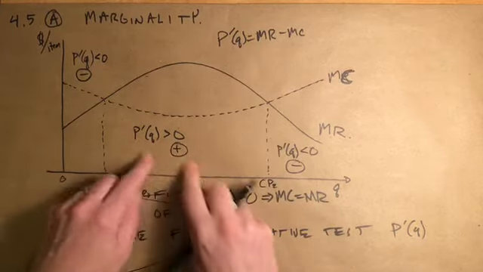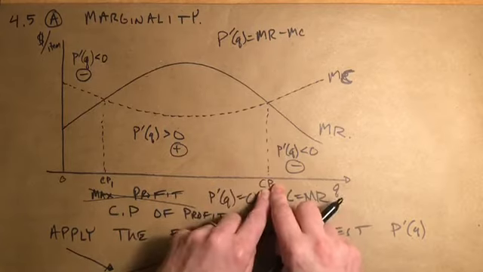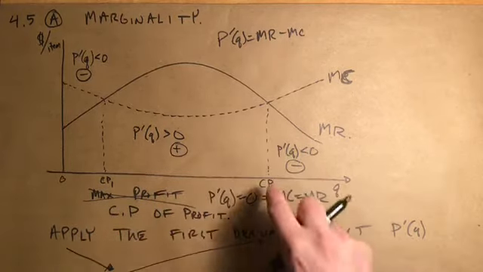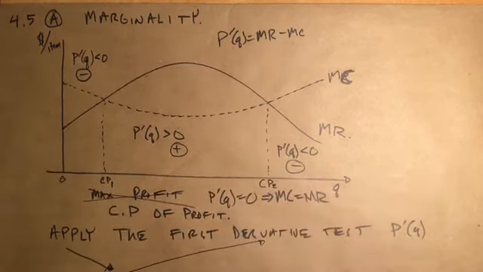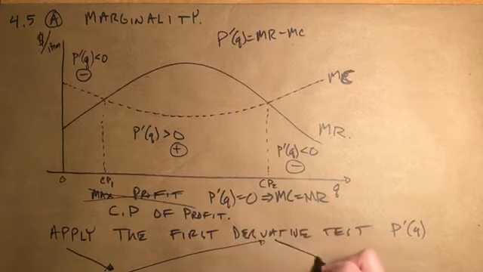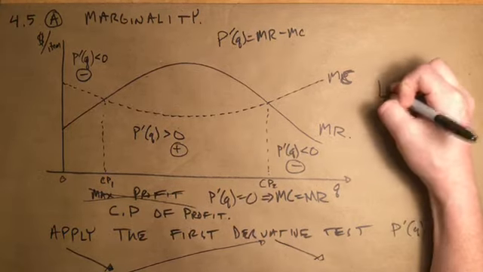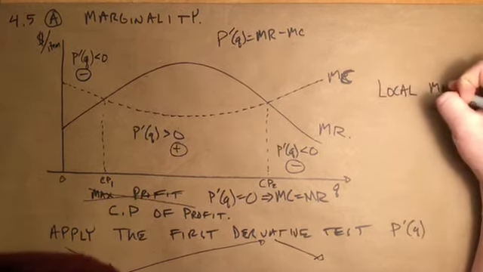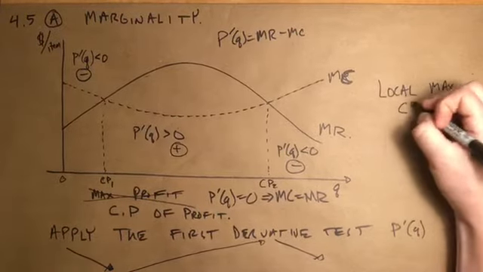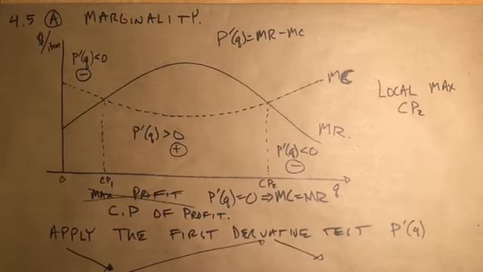Why? The derivative was positive, and we had our second critical point. And then finally, from our second critical point onward, our profits were decreasing again. Yeah? All this tells me is we have a local max at our second critical point, yes?